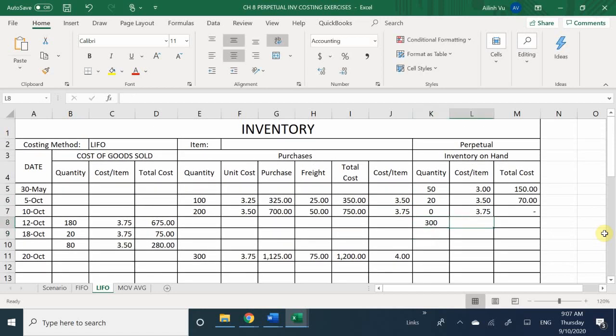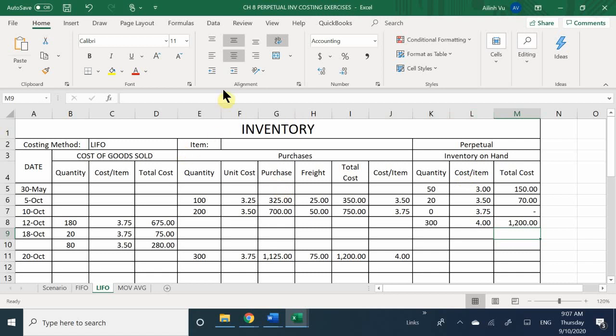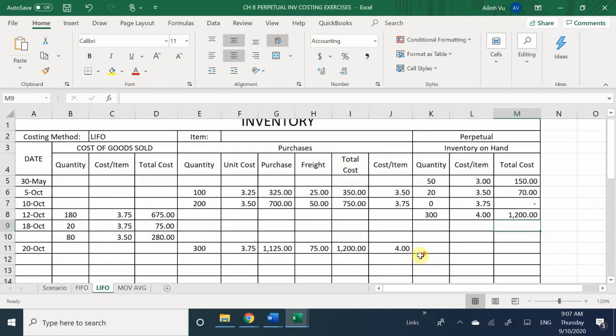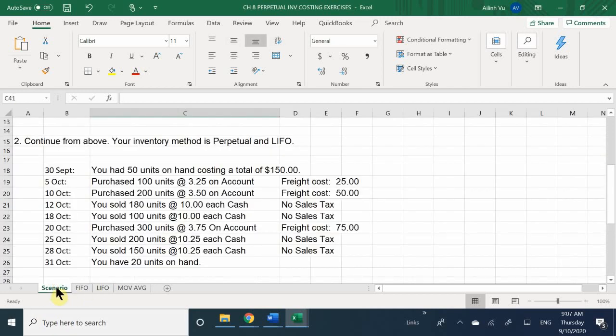Well, I could have cell referenced that. 1200. So now look at this. Now we have a new batch of 300.